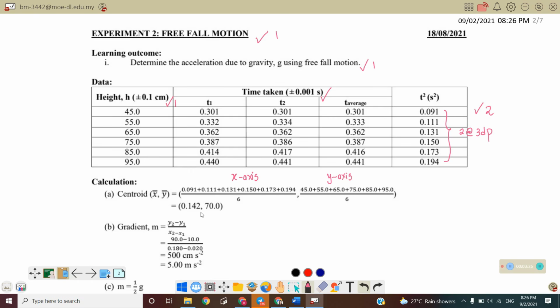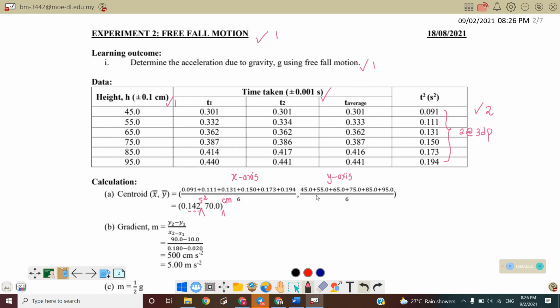Here, 0.142, it is better we write the unit as well, per second squared, and for 70.0 we must write the unit in cm. If we observe here, for T squared our decimal places is 1, 2, 3, so here also we must write 3 decimal places, follow back.